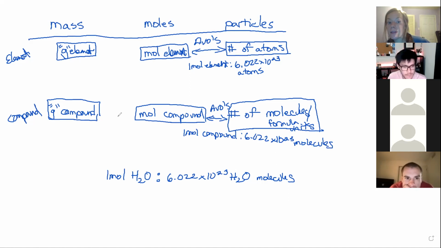We will fill the rest of this chart in over here, and we're going to go up and down as well, so make sure you have space for that. But why don't we just work with water since we've got the water thing laid out here.